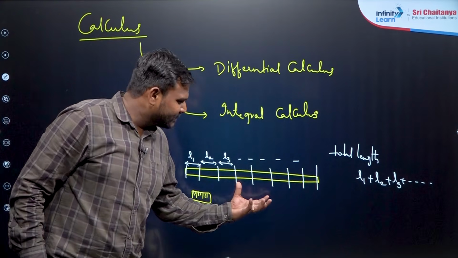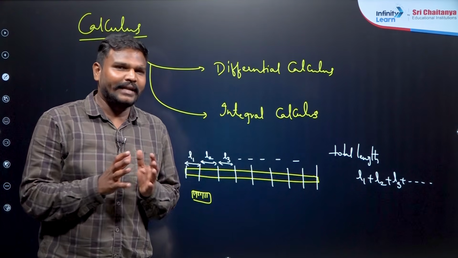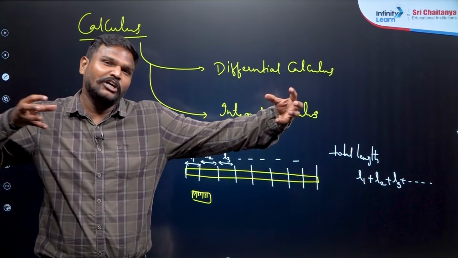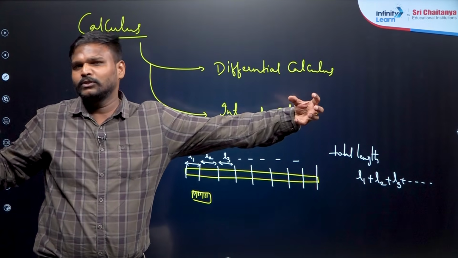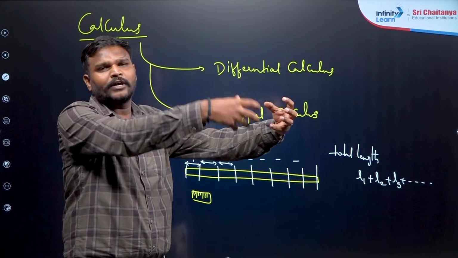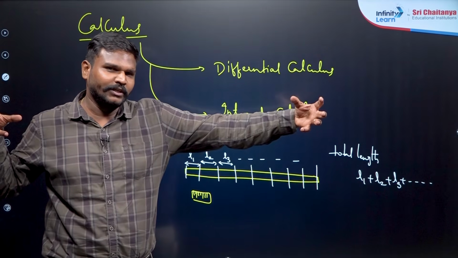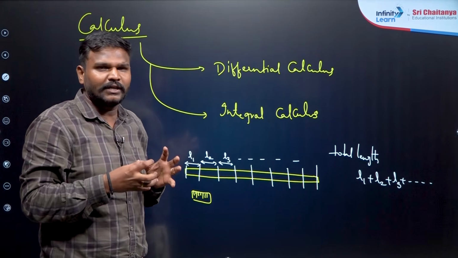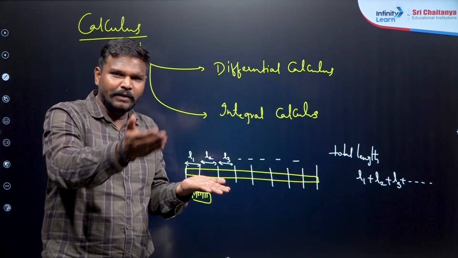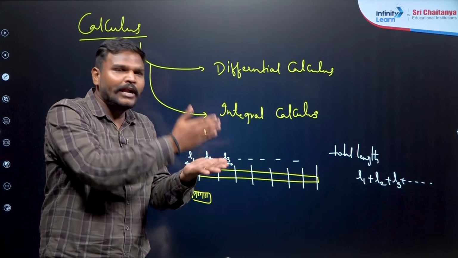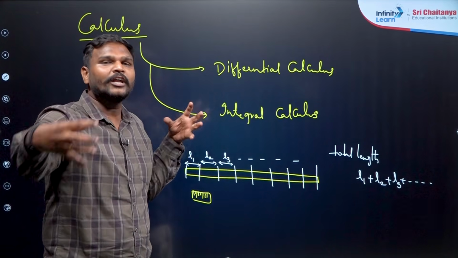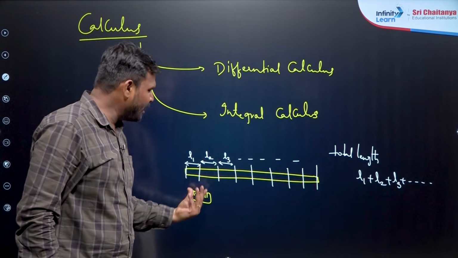So similar to this, in mathematics I am having a very big function. Let us say y is equal to x square plus x cube plus 3x square minus 1, something like that, a big function. Now to measure that function from point A to point B, from 0 to 10 or 10 to 20, what is the measurement? I have very less time.